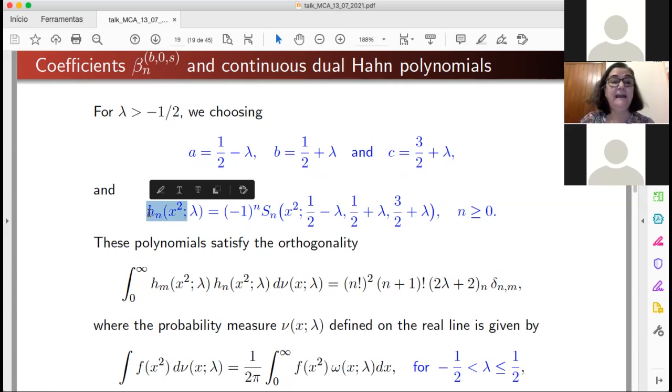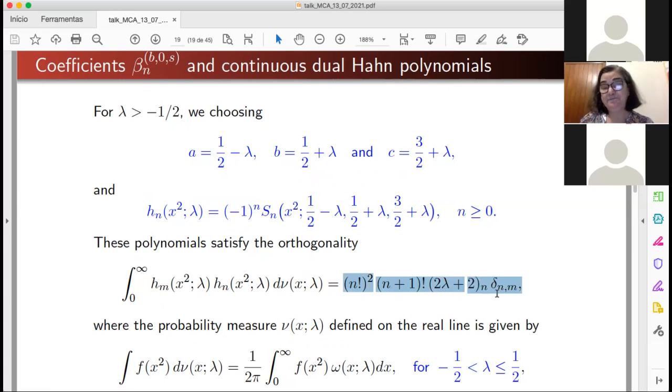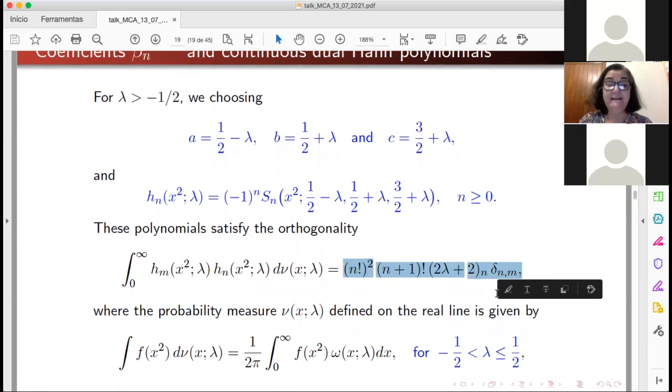We are calling Hn lambda the continuous dual Hahn polynomial with this choice. It's known that they are orthogonal on the positive part of the real line. The norms are given here. It's also interesting because it's orthogonal with respect to a measure.